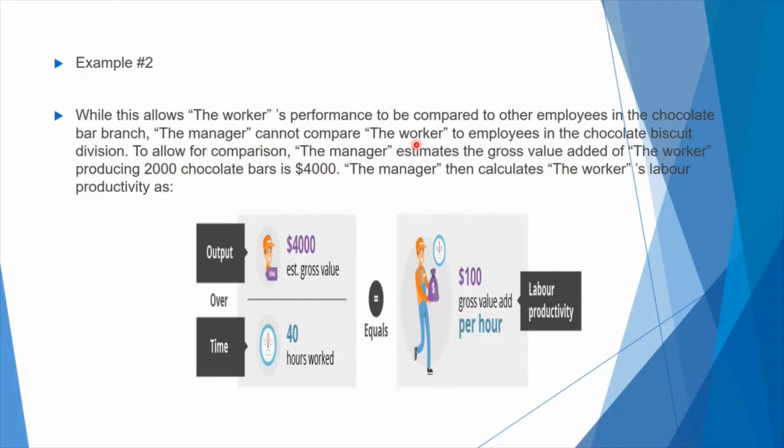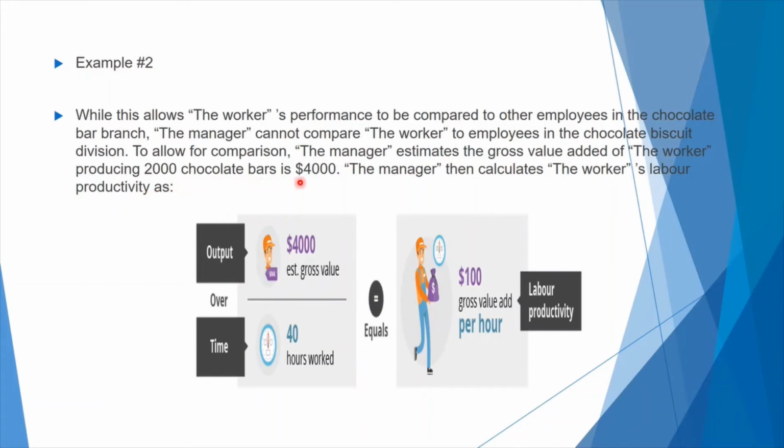There are two types of product being produced. To allow for comparison, the manager estimates the gross value added of the worker producing 2,000 chocolate bars is $4,000.